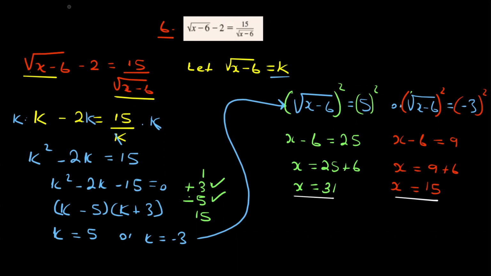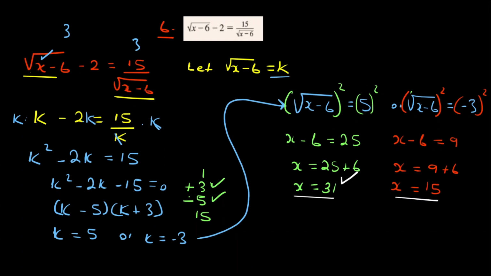If we substitute 31 there, on the left hand side you get 3. And then if you simply substitute 31 on the right hand side, you'll see that you also get 3. So from a quick calculator work, I can see that 31 is a solution.